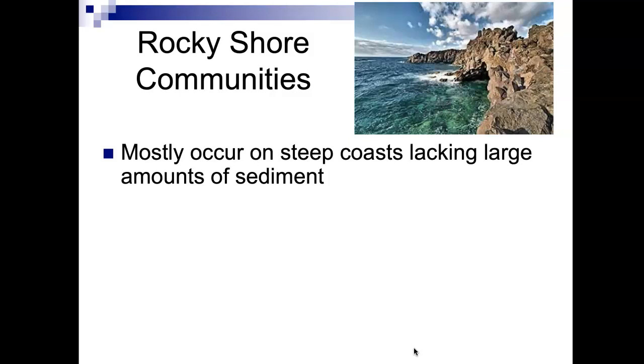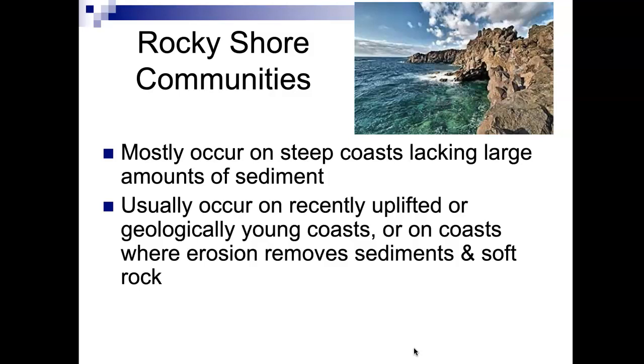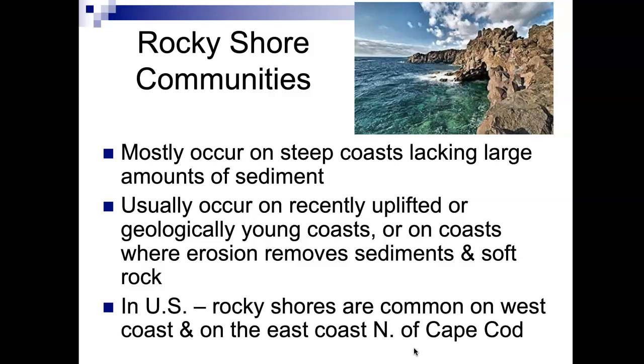Remember, our active margin is off the west coast. So we're going to find this mostly on active margins, where we have more recently uplifted or geologically young coasts, or on coasts where erosion removes the sediments and you're just left with the rocks behind. So those are the types of places that you're going to find this.